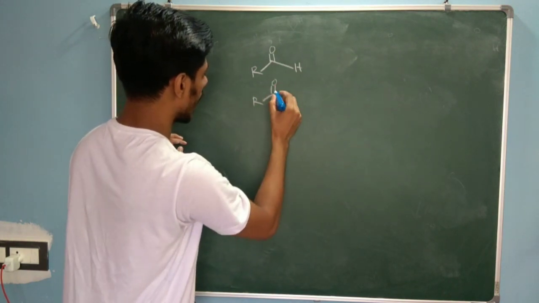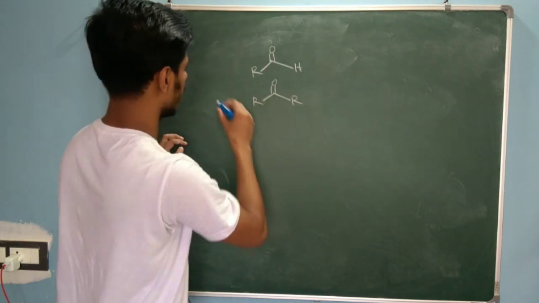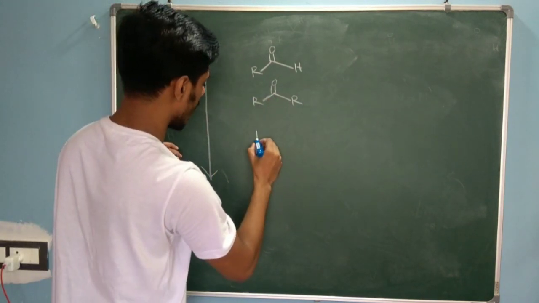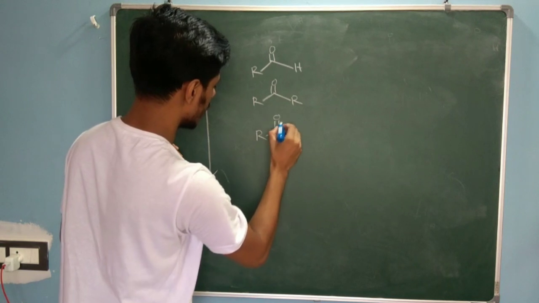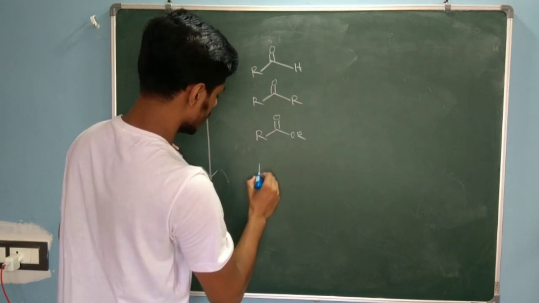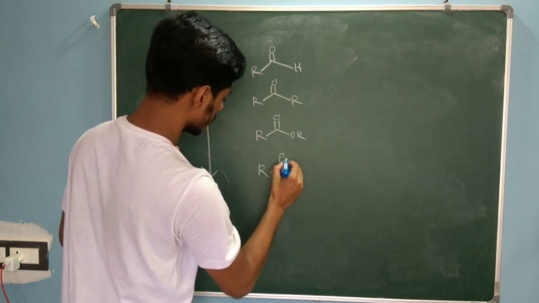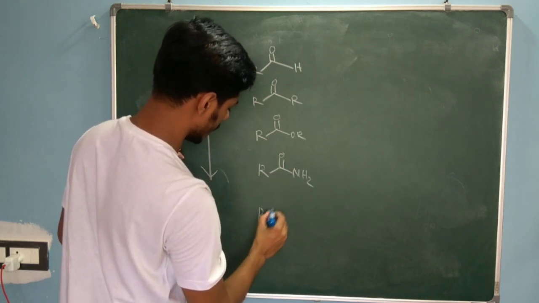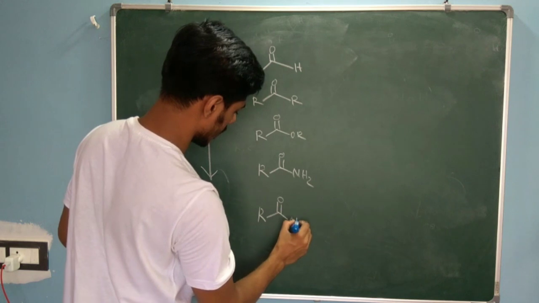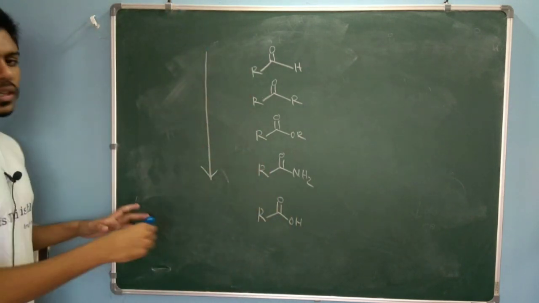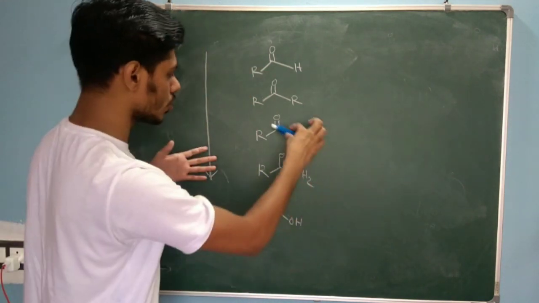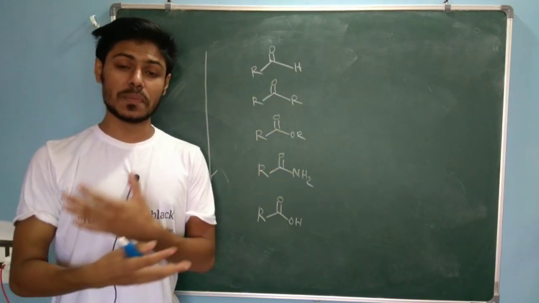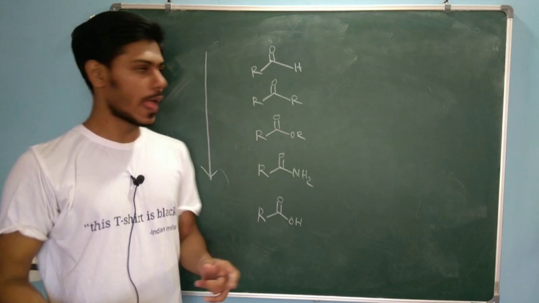So this is the reactivity order, and reactivity decreases like this. So this is the ketone, then this is your ester, this is your amide, and finally you have the carboxylic acid, right? As you go down, the reactivity decreases because of electron donation to the electrophilic carbonyl center, which makes this carbonyl center less electrophilic.